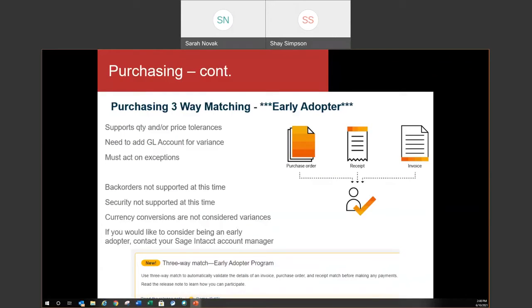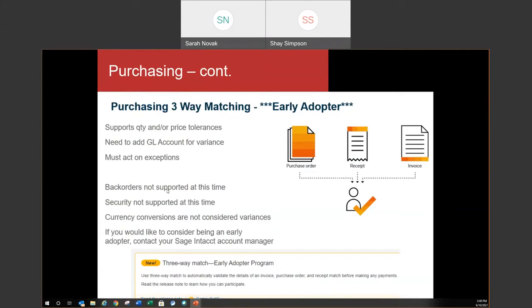We will need a GL account for those variances, and we also have to act on those exceptions. Say we have a 2% tolerance for a price variance: anything below that is going to clear. Anything above that 2%, we are going to have to act on those exceptions, okay?